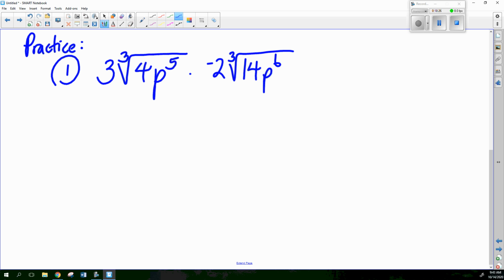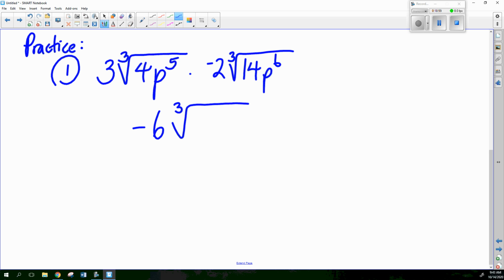Okay, so we're going to multiply first. All right, and anything that's in front of the radicals, that gets multiplied together and stays in front. So that means 3 times -2 is what? Good. Then we keep the radical, the index the same, bring it down, and then we multiply the stuff under the radical together and bring it down.